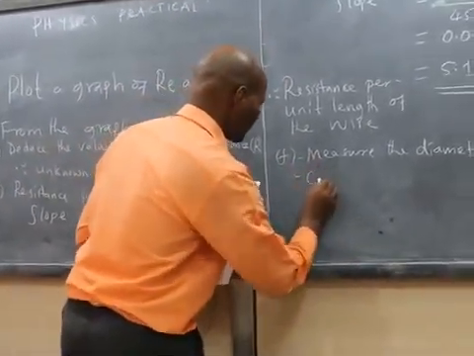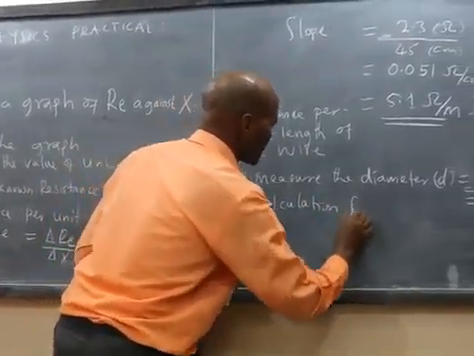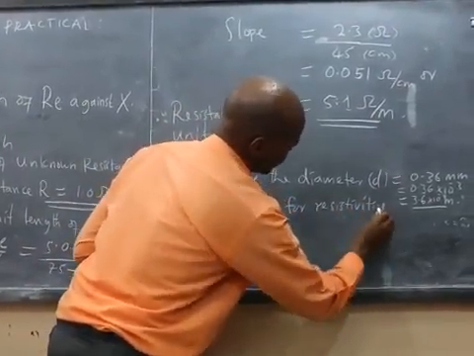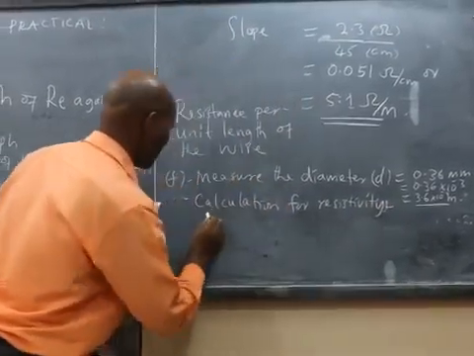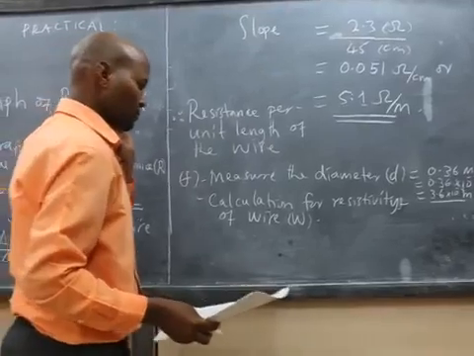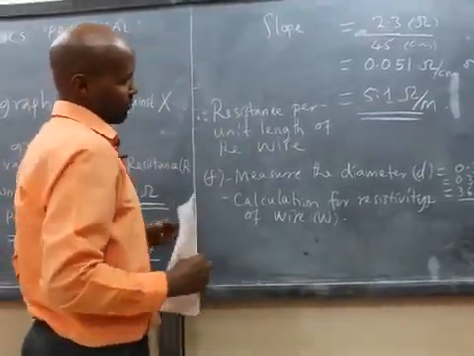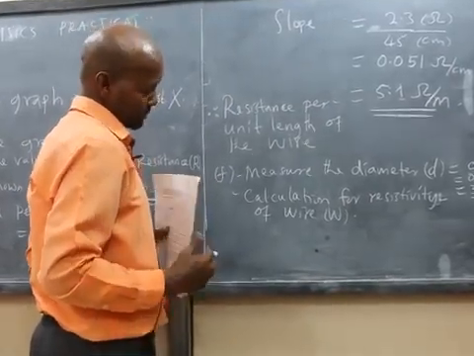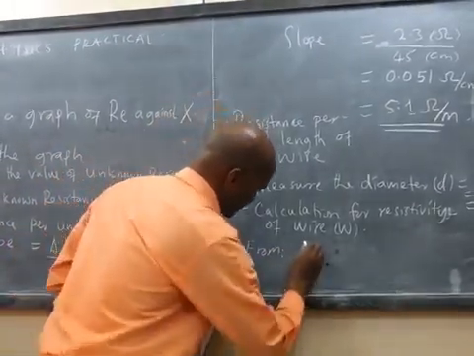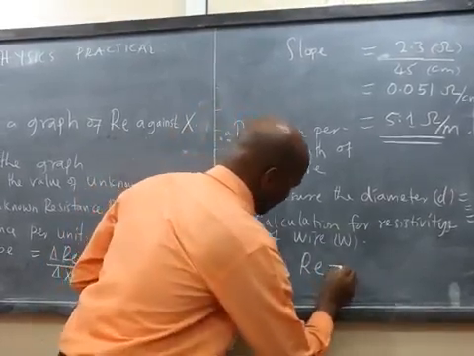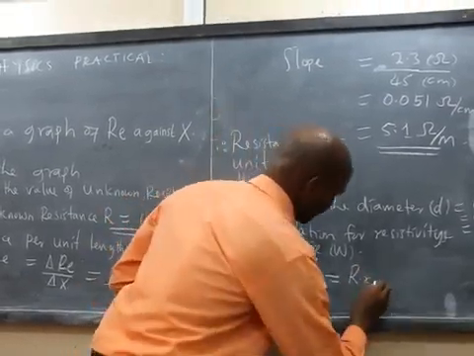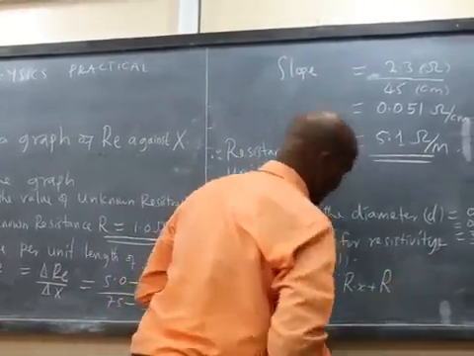Calculation for resistivity of wire W. From the slope we have calculated there, you know that the equivalent resistor R is equal to the resistance of that wire X plus the unknown resistor R.